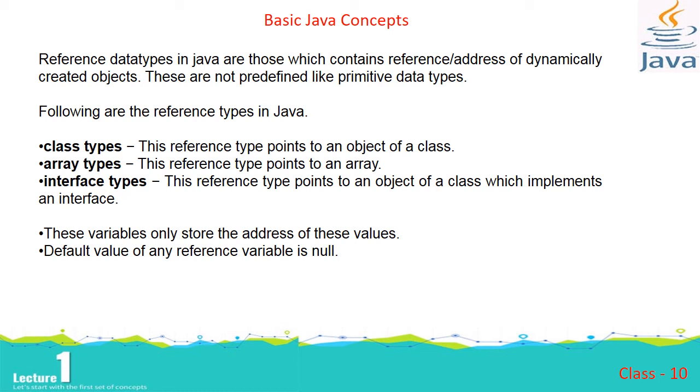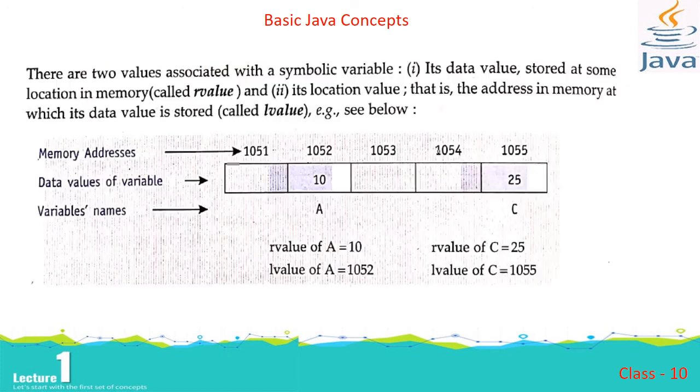Below are examples: class types, array types, interface. These are the various examples of reference data types. So these variables only store the address of these values. That is, where these values are stored in memory, they have the address, not the R value. We'll discuss this also. The default value of any reference variable is null.